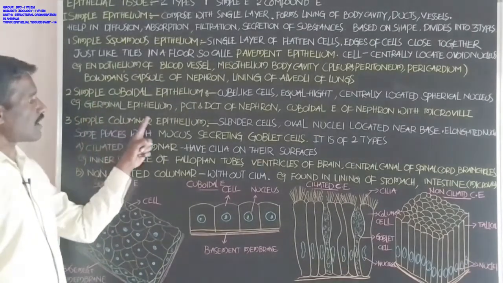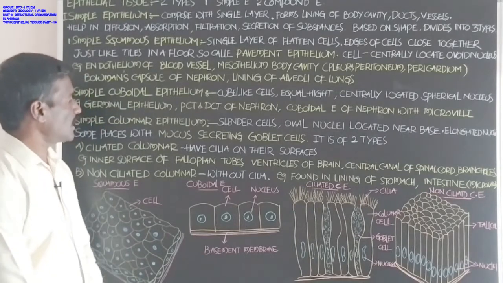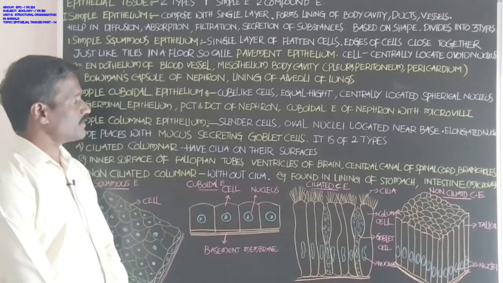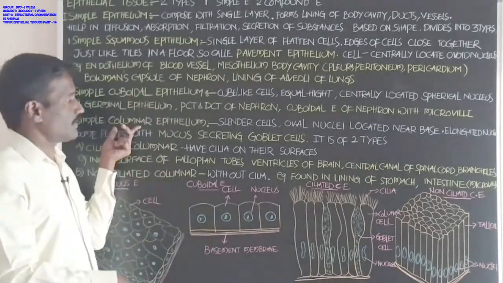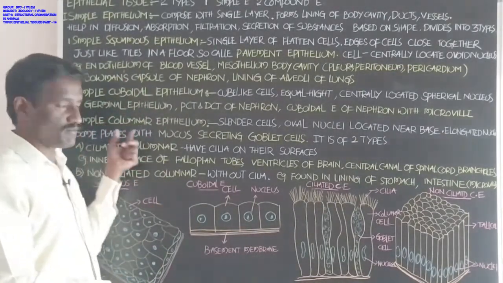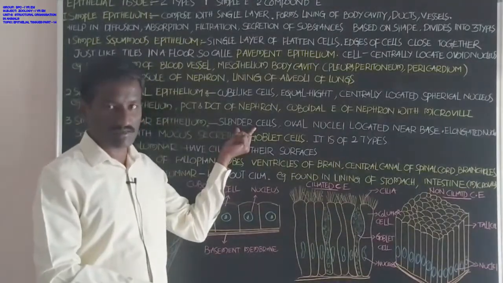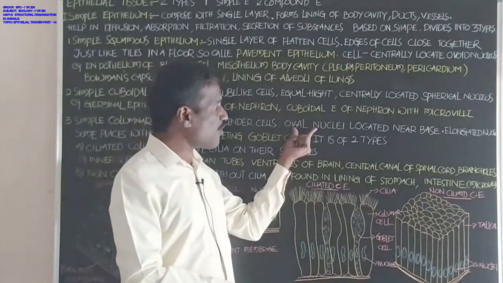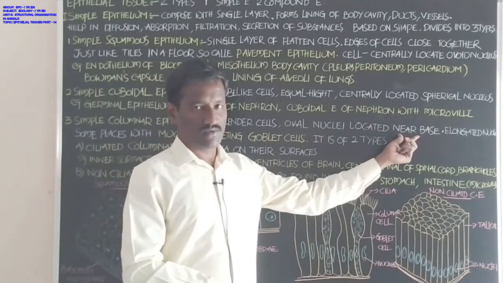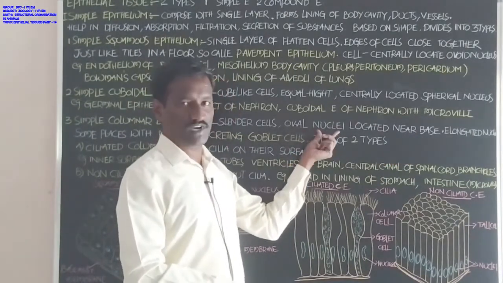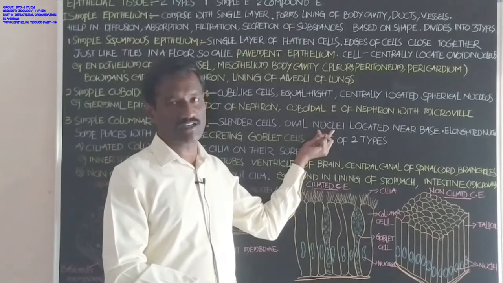Next, simple columnar epithelium. Students, columnar means elongated cells. Simple columnar epithelium has slender cells and oval nuclei located near the base. Nuclei is plural; nucleus is the singular.